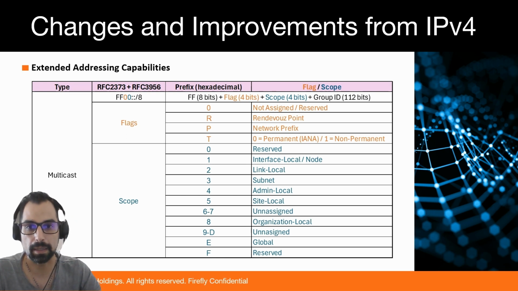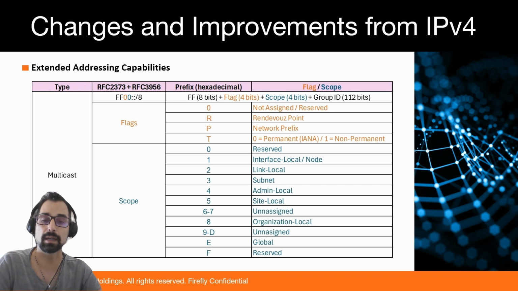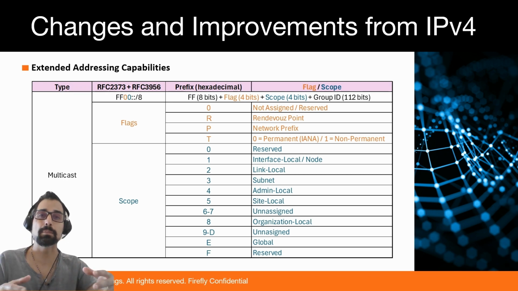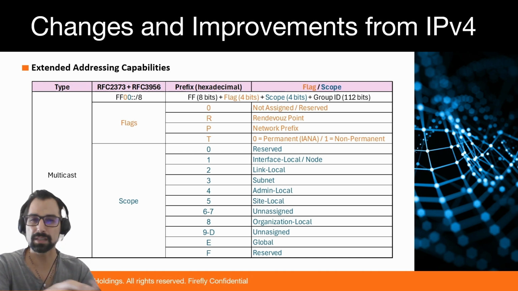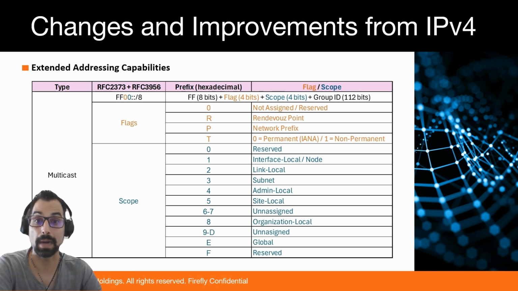So depending on how this octet is set, it is going to depend where the IPv6 multicast address is going to work and what it's going to do. We're going to see some details later to give you some examples or a better background.